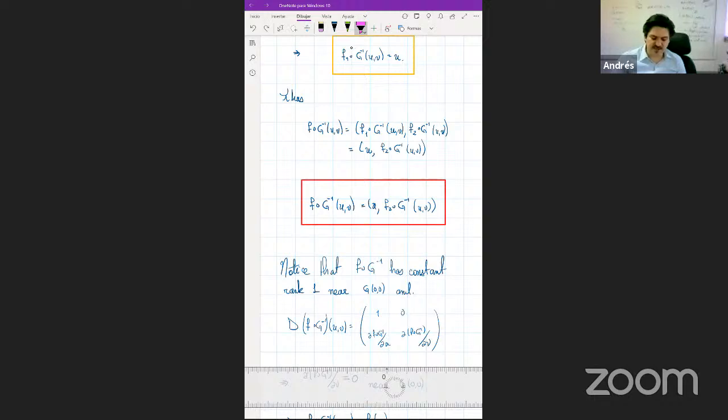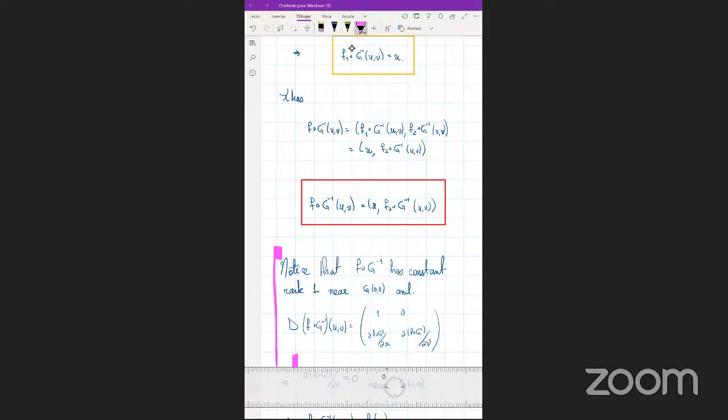And I look at the second entry and take the partial with respect to u and v. So far, so good? Now, here I have two things: rank 1 and the Jacobian.